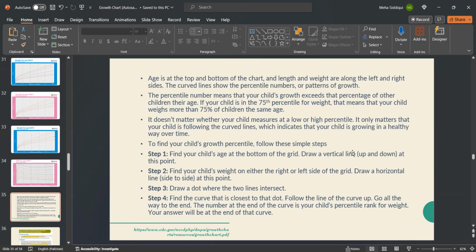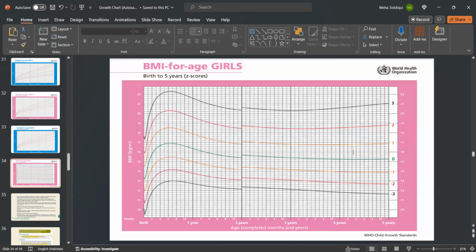So these are the steps. First we find the child's age at the bottom of the grid, and then we draw a vertical line. As we can see, here the age is given from birth up to 5 years of age, and the length and the weight are given on the left and the right side of the chart.